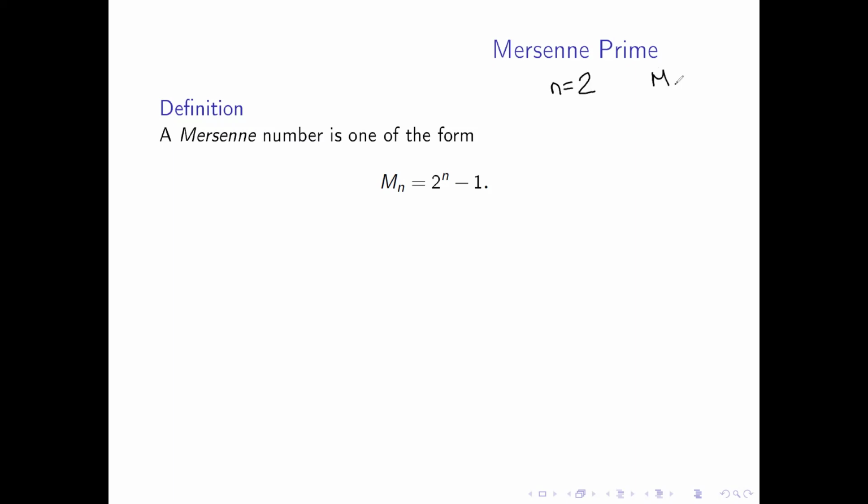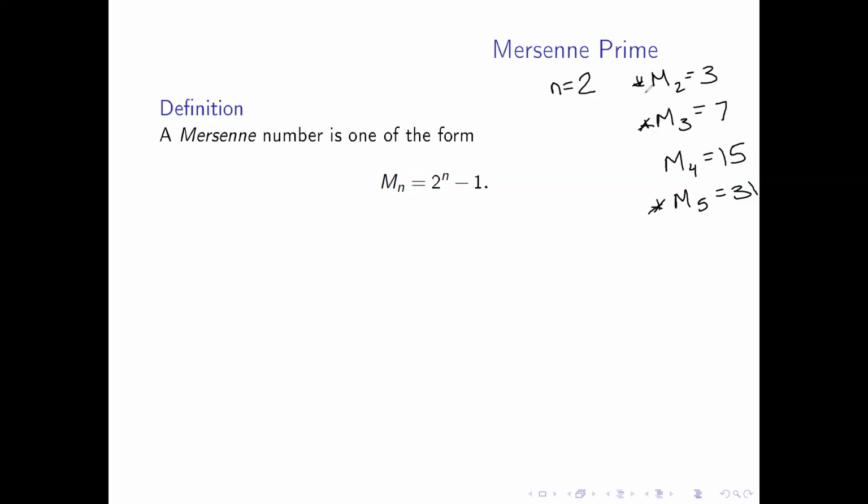Then M2 is 3. M3 is 7. M4 is 15. M5 equals 31. Just stopping here, you can already see that 3 of them are prime.